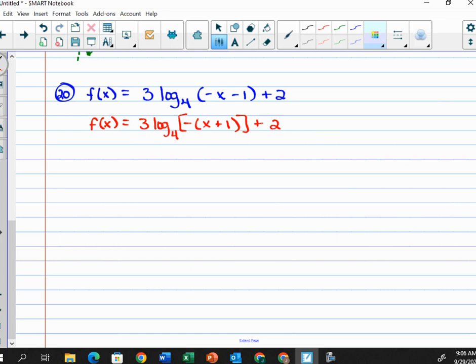What is it actually now? To the left one. Initially, doesn't it look like it's going to the right one? Because the reflection is just weird. Do the reflection first, factor that out, then do the left one, up 2, okay? So try to graph it from there. So if there's ever a negative for the x, you want to factor it out. If it's just negative x and that's the only thing there, that's fine. But if there are other terms with it, then you need to factor it out.